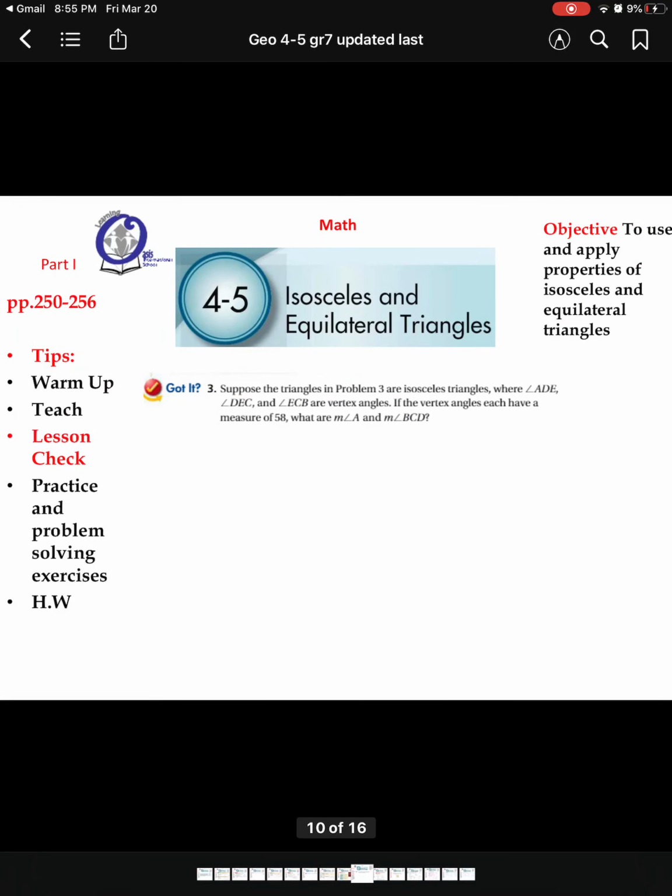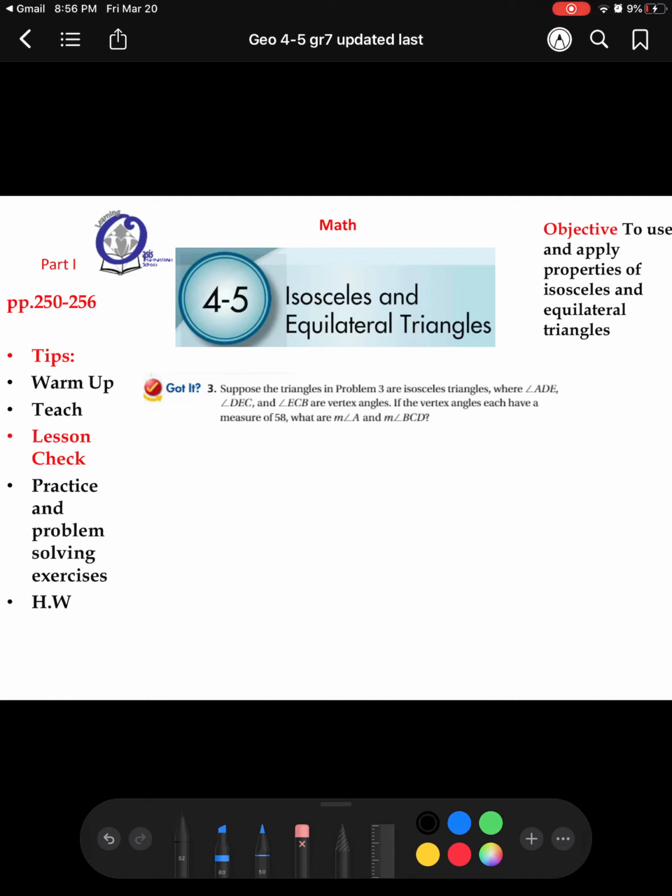Now he's telling me to suppose the triangles in problem 3 are isosceles triangles. I need to sketch again. This is the third triangle. When I say isosceles triangle, this means that this equals this, and this equals this, and this equals this.